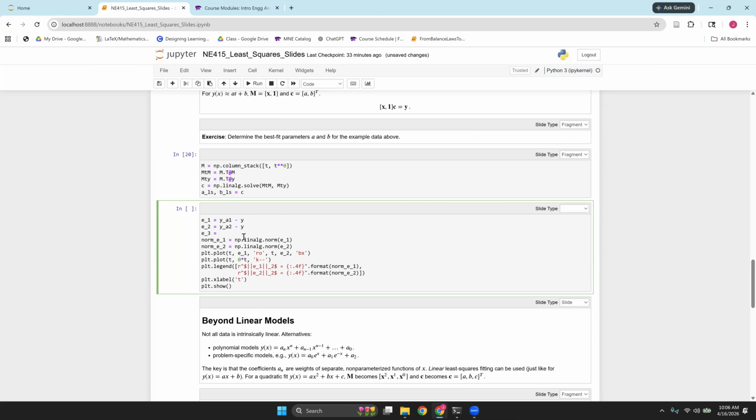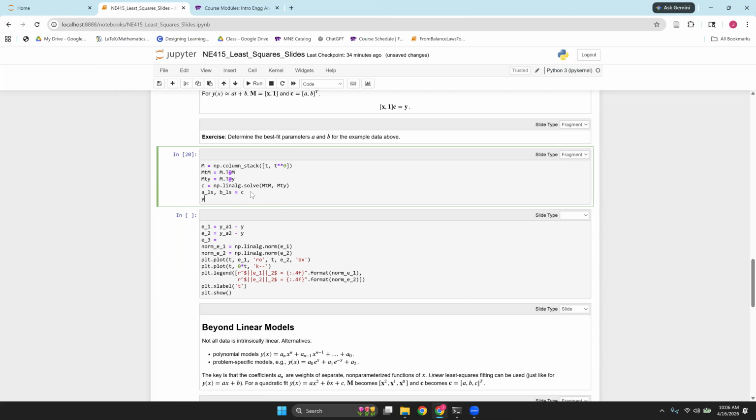If I want to compute my error for the third approximation, my least squares approximation, I need my least squares approximation for y. But all I have are the coefficients. So what do I do? I have the coefficients C, the ALS, and the BLS. How do I get the y's?